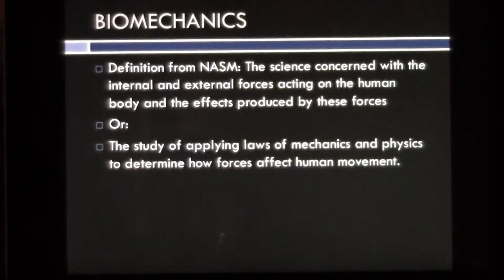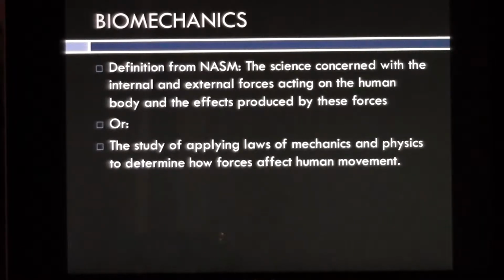Okay, so first, what is biomechanics? I don't want to waste your valuable time, but let's read through this quickly. The definition from NASM, the National Academy of Sports Medicine. If you're interested in personal training, I encourage you to get to know who NASM is. Very reputable organization.